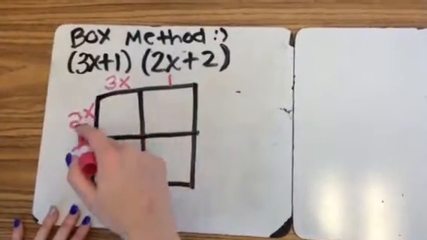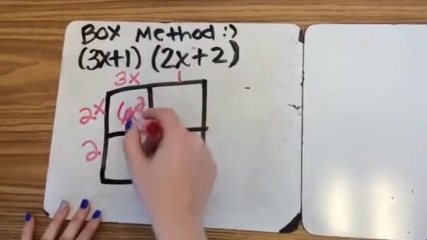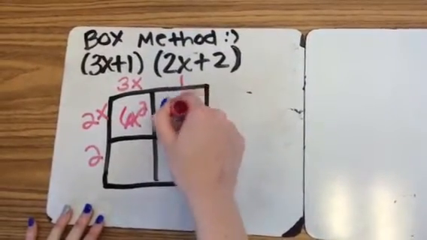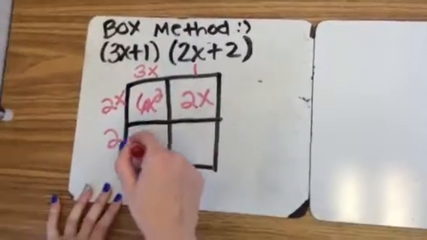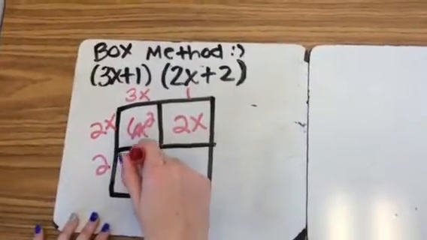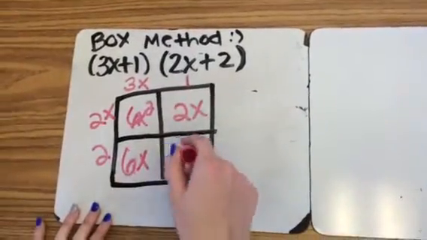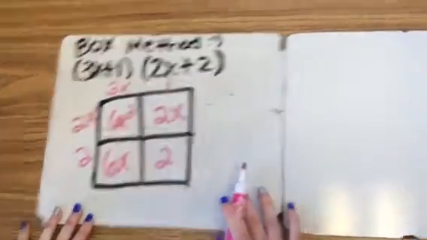So then you go 3x times 2x, which is 6x squared in this box. And then you do 2x times 1, which is 2x. And then you do 3x times 2, which is 6x. And then you do 2 times 1, which is 2. And then you combine like terms.